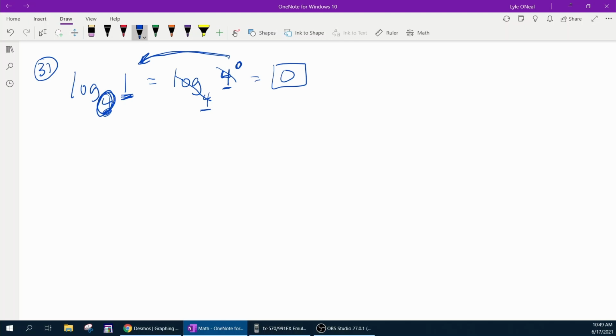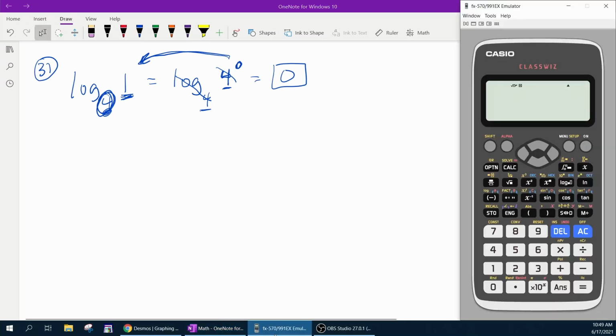And then if you want to check with the calculator, you can. Okay, I can't resist. It's so fun using the calculator. Let's go log base 4 of 1. Yeah, and it's verified, okay? So from the formula, two formulas actually: log any base of 1 is 0.